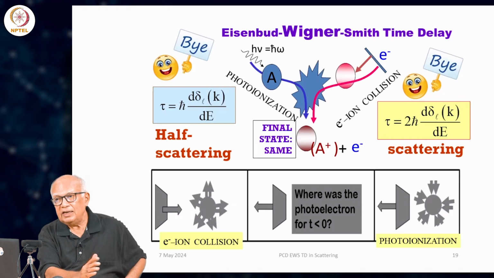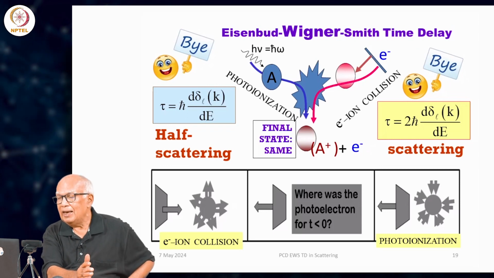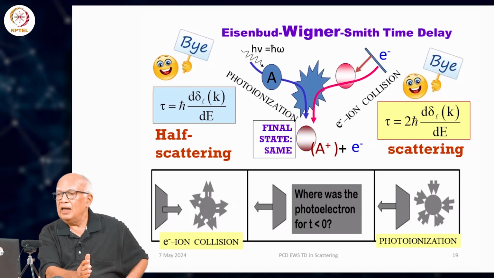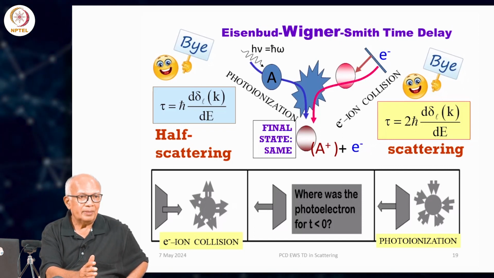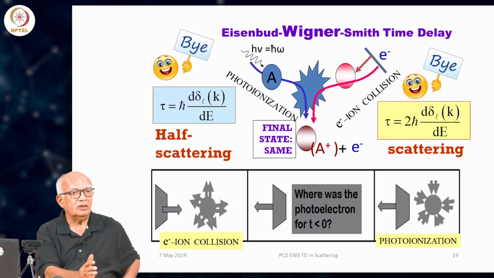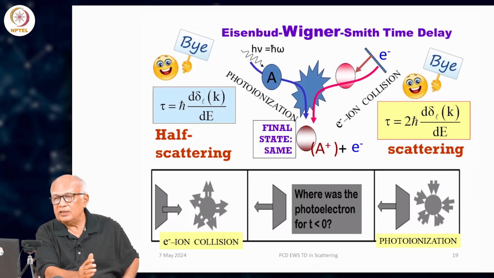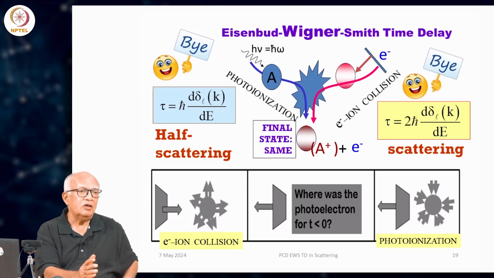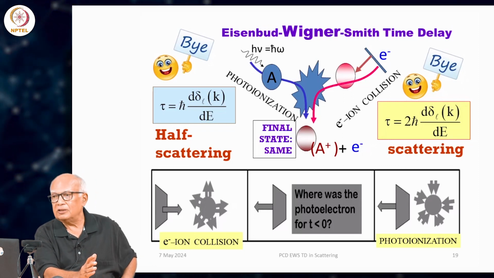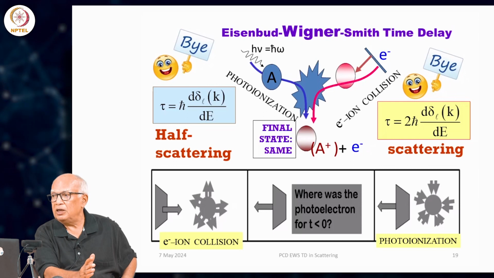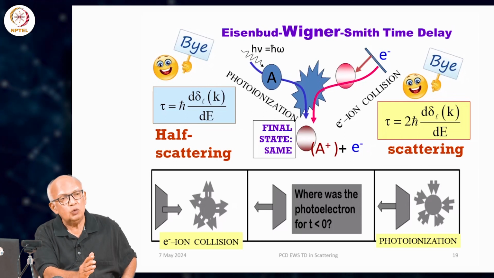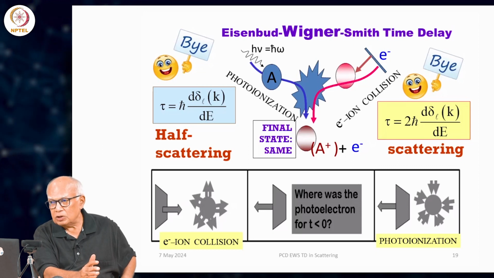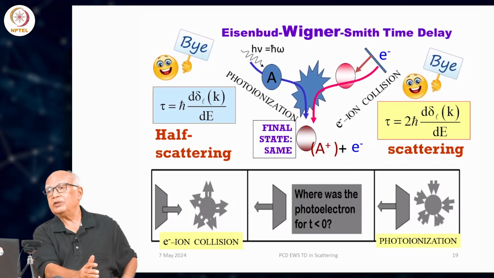Okay, the uncertainty delta E delta T is not on the same platform as the uncertainty delta Q delta P, because delta Q delta P uncertainty comes from consideration of expectation values and variance, root mean square variance of operators for position and momentum. You cannot do that for energy and time, because the operator for energy is of course the Hamiltonian, but there is no operator for time.